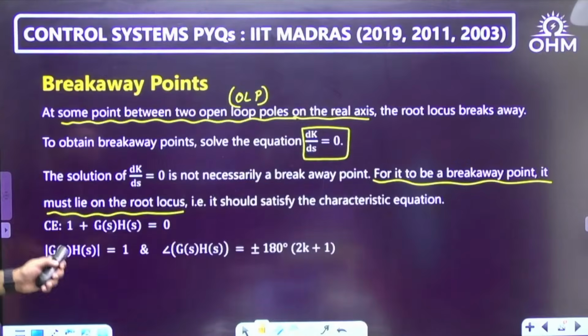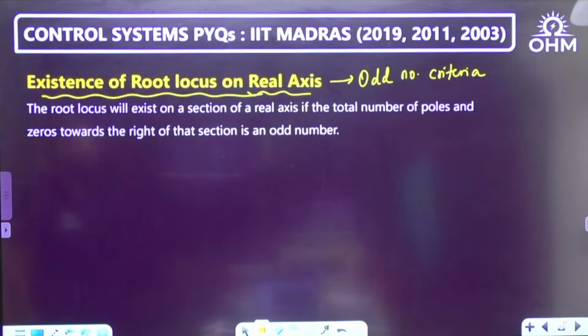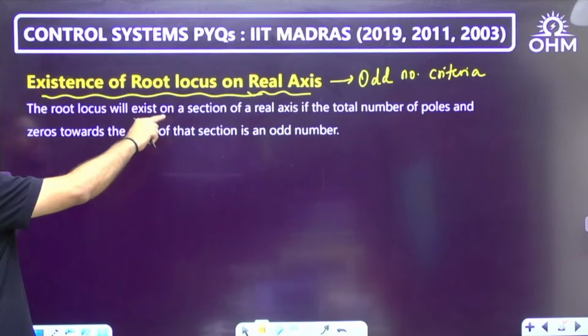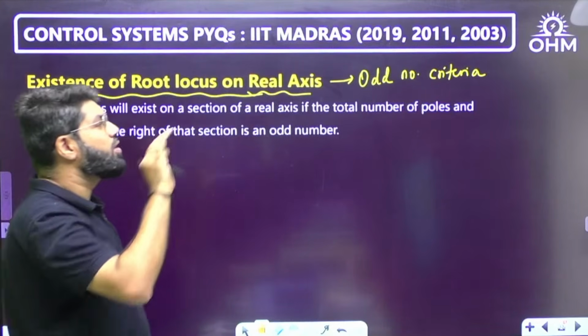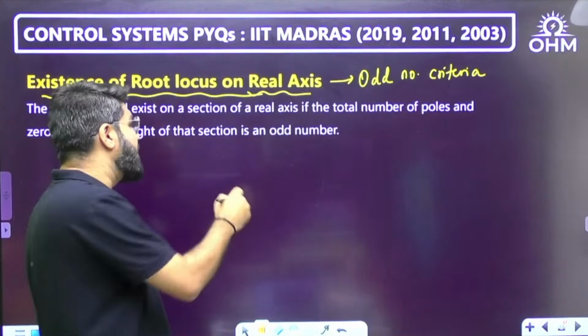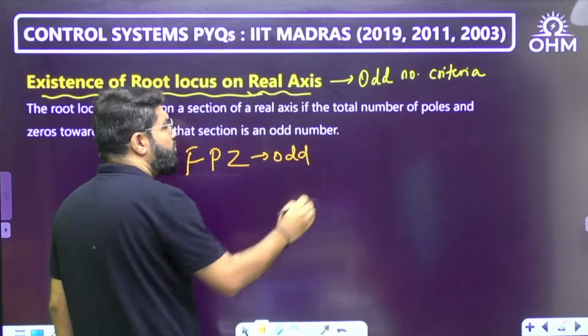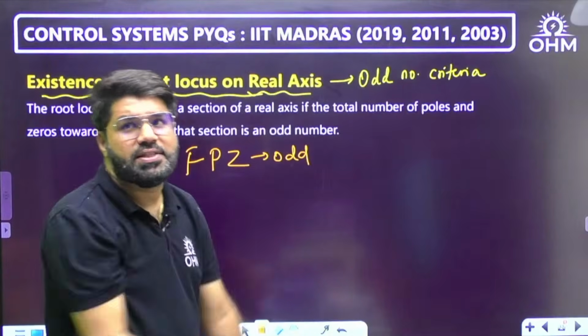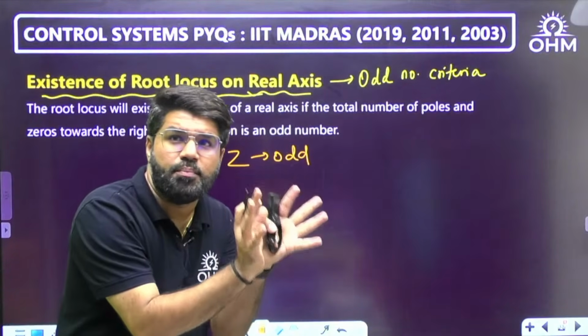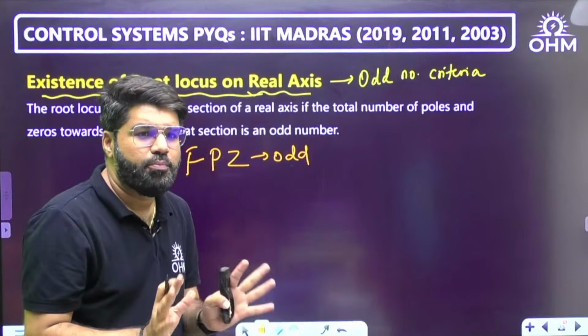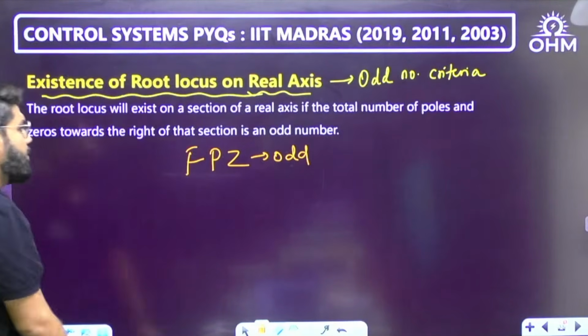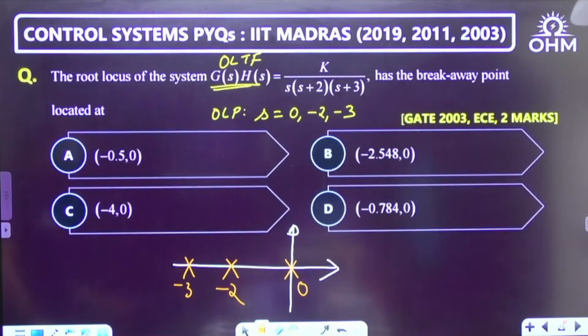For that, I was telling you the odd number criteria. The root locus will exist on a section of the real axis if the total number of poles and zeros, which I also call forward poles and zeros, when you look to the right side, forward side, is odd. Total pole and zero combined, you should see odd.